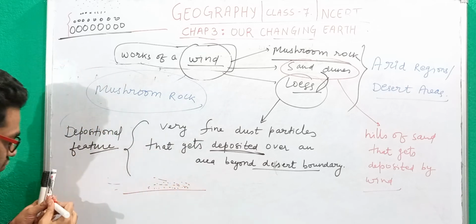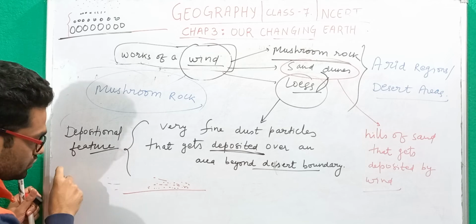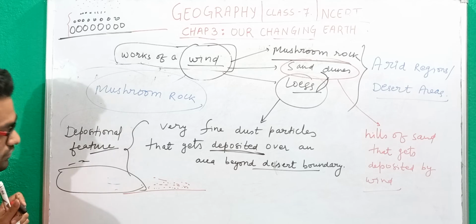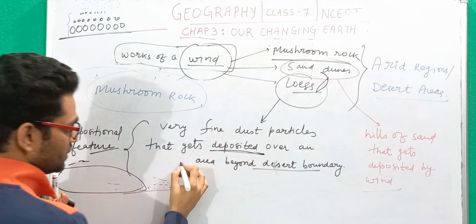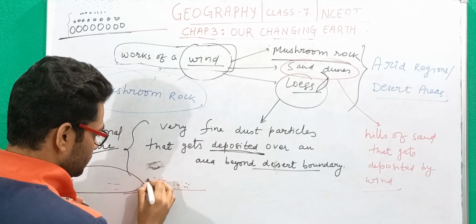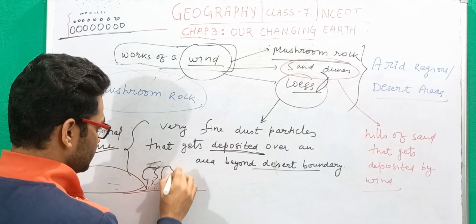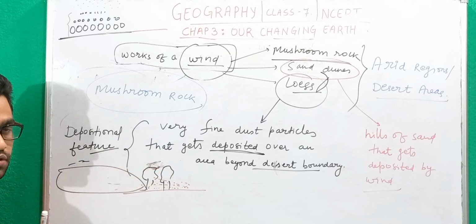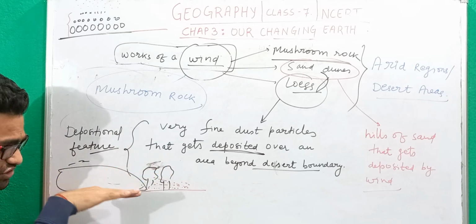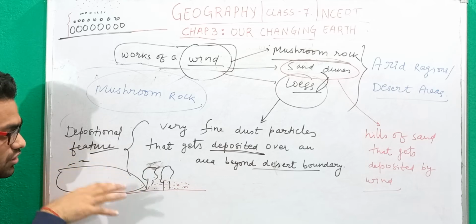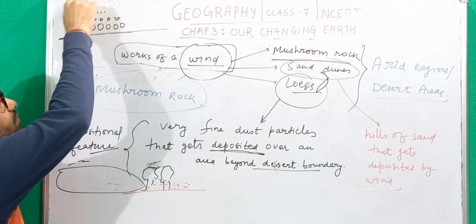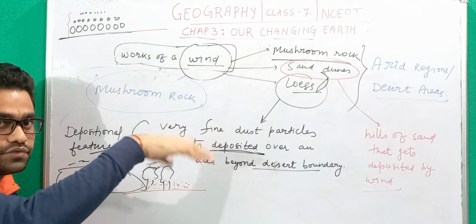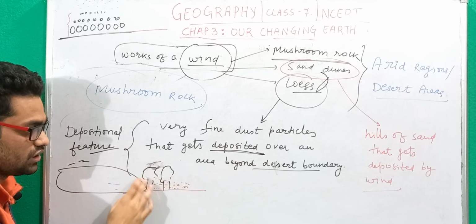So suppose this was the boundary of the desert, and here there is some amount of vegetation. When this loess comes across this vegetative area, the wind speed goes significantly down, and because of that, the fine dust particles that were being carried by the wind are now getting deposited in this area.